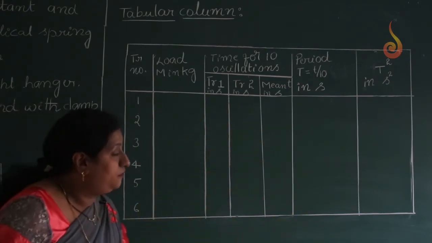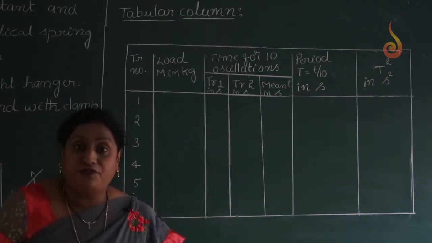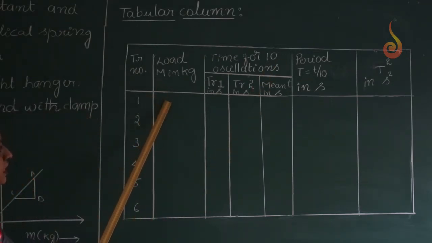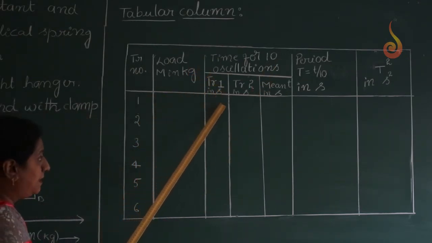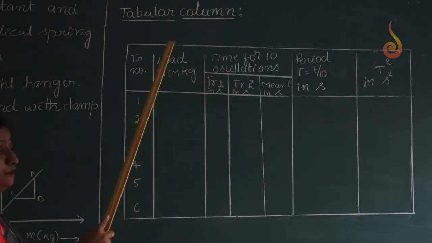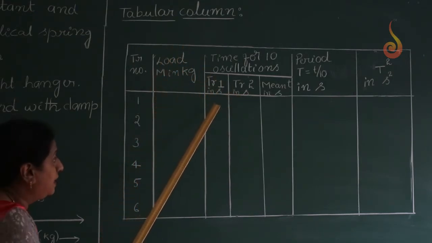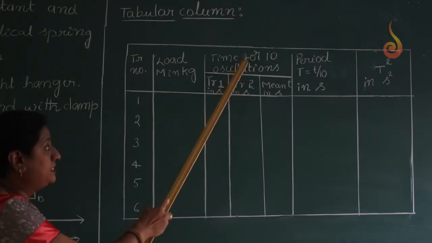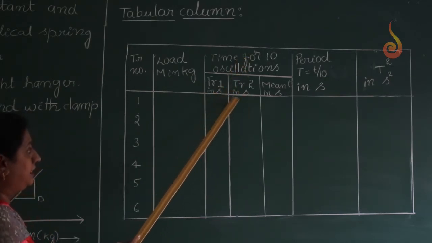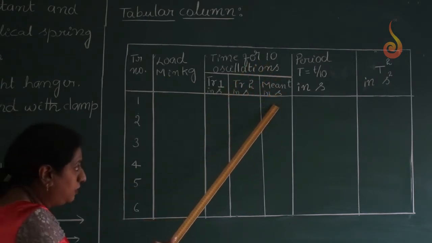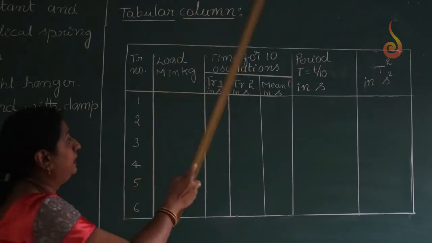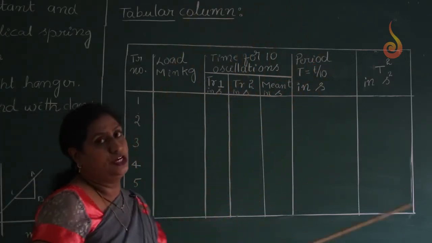So, we will always record more trials to reduce the error. For a given mass, we are going to perform the experiment twice. That is, we will be taking the time for 10 oscillations twice, entering it here, and finally we will calculate the mean here.